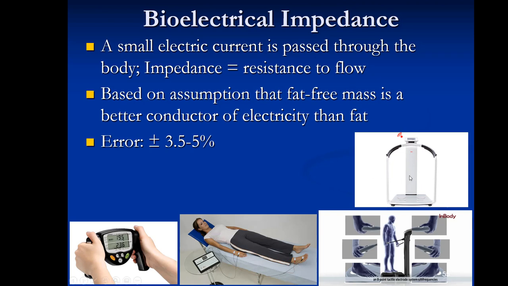This is something called the YMCA scale, which is more of a research grade. InBody is something you might see in some health clubs and works via the same technique. And something really low cost might be something like this, where you just hold it in your hands and it gives you a number.